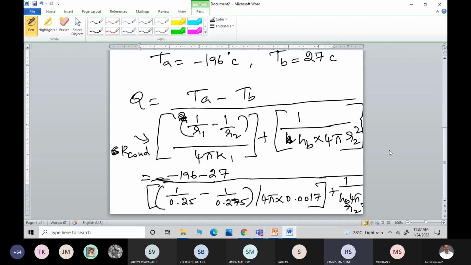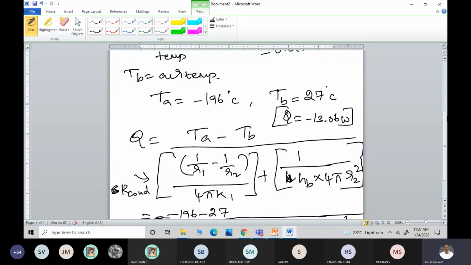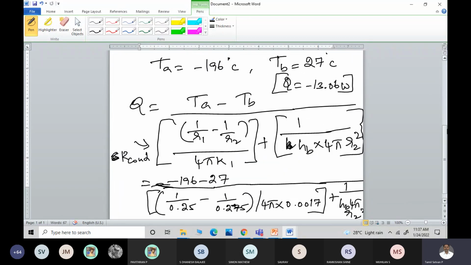Calculating, sir. Do it fast. How much time it needs here? Minus 13.06. Is it correct? Yes, sir. I'm getting the same. Minus 13.06 watts. So students, some of the students were getting minus 13.06 watts. Okay, so please check the value.